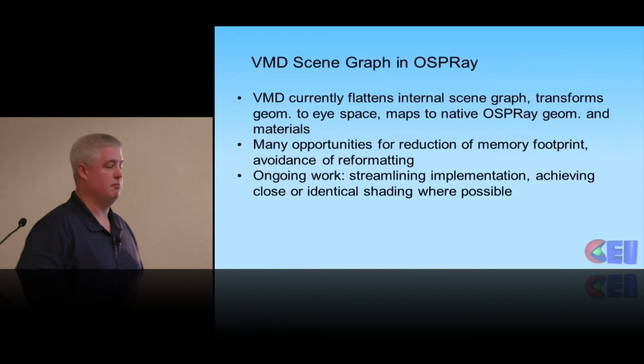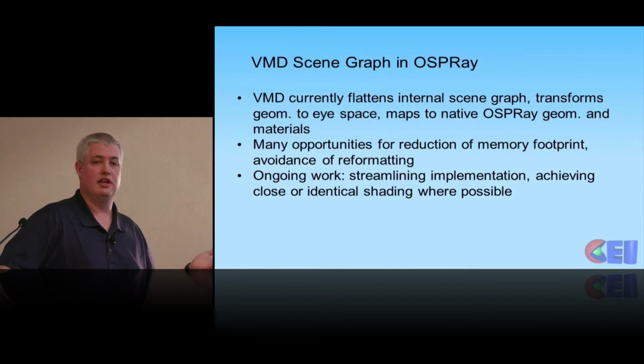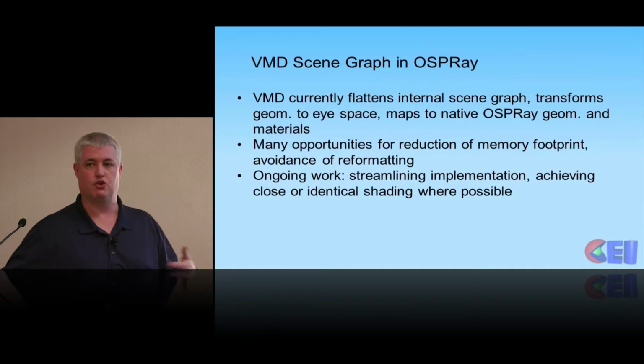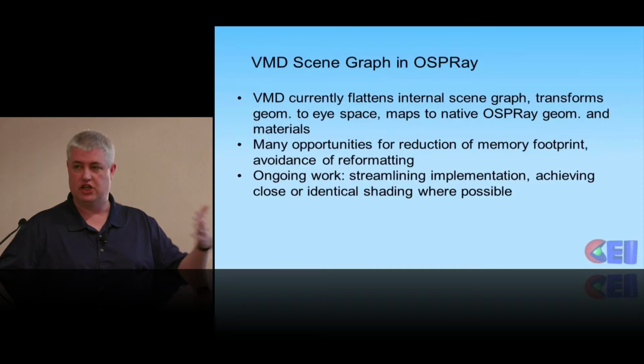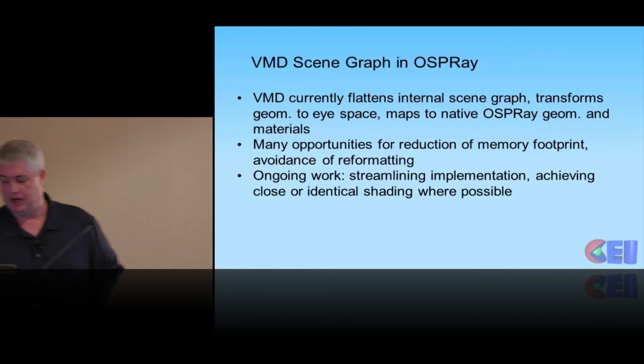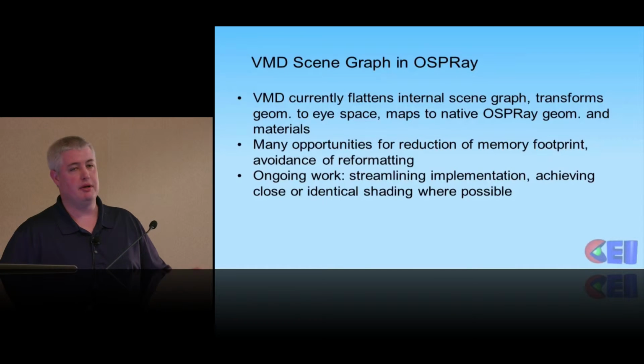But the idea would be that the only thing that would really have to happen is your spatial acceleration data structure would have to get updated as the scene changes. Other than that, my goal is to basically eliminate copies or reformatting or pre-transformation of the geometry before I give it to OSPRay, and just give the raw arrays to OSPRay along with some transformation matrices.